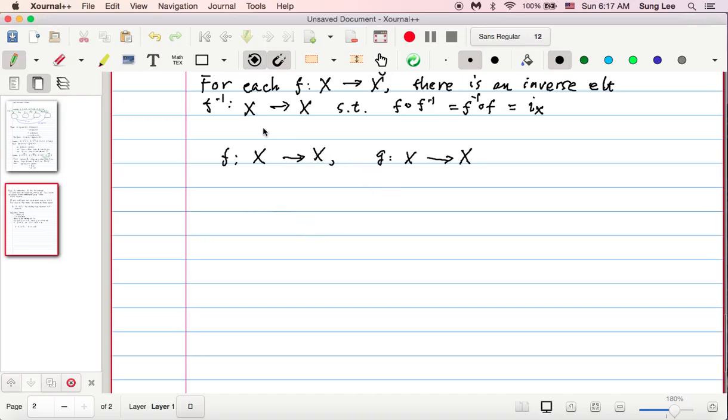In that case, g followed by f, or f followed by g, are both again functions from x to x.